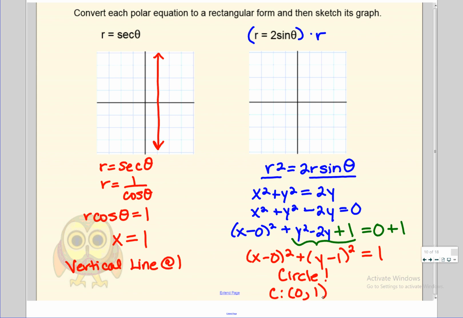So it's the opposite of the signs that you see inside the parentheses. And then the radius is the square root of the number that's on the right side there. The square root of 1 is still 1. So we have a circle centered at 0, 1. I can plot that point with a radius of 1. So I'm just going to go 1 in every direction to get my circle. And it's going to look something like, oh, that's a bad circle, but you get the idea. Something like that.